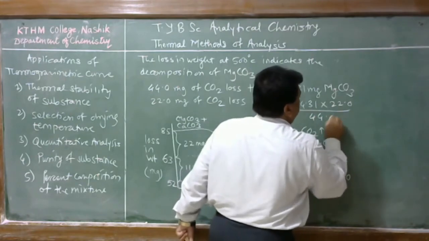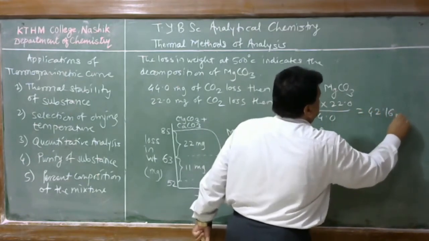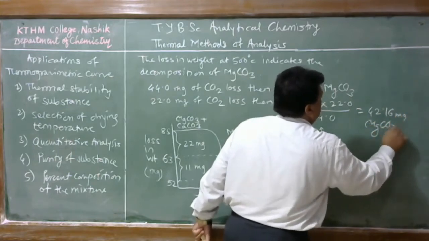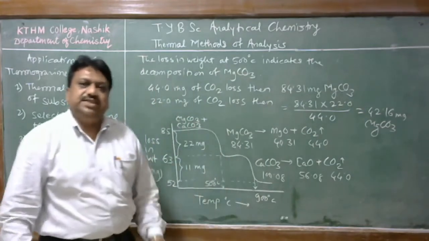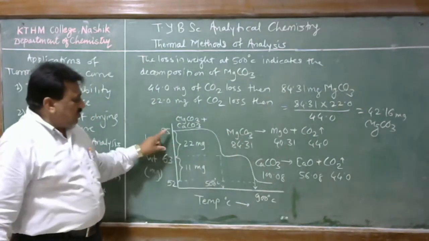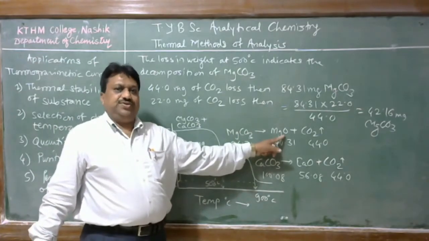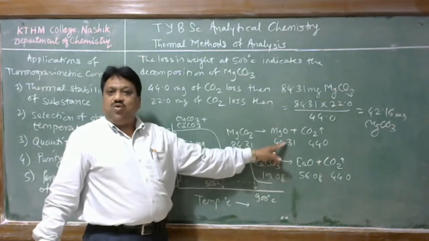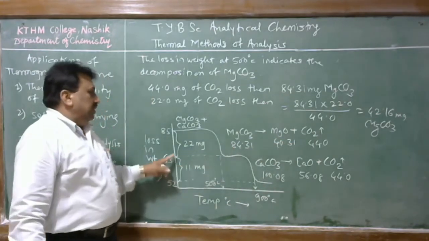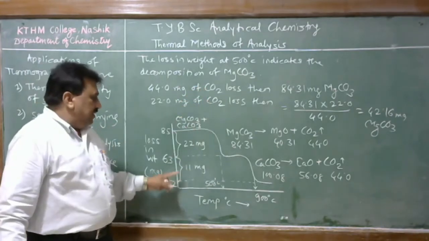By calculation, this equals 42.16 milligram. Therefore, magnesium carbonate is 42.16 milligram in the mixture. Based on this, we know the decomposition reaction, and we know the molecular weight of each product formed in the reaction as well as its parent compound. Then we can determine its amount by this equation.